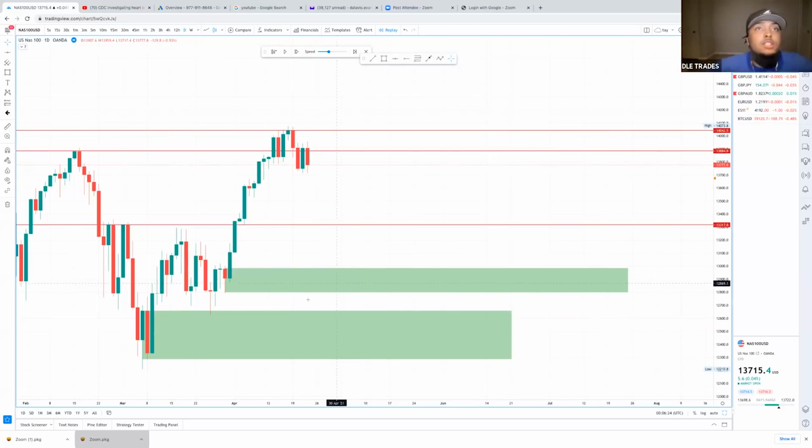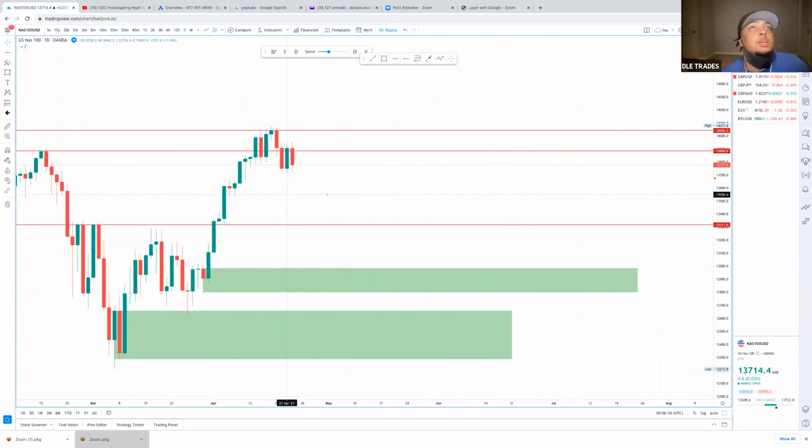At this box that you see on the screen, we have unfilled orders sitting. That means when price falls back into this level, you're going to see some type of reaction because every order didn't get filled, right? So this is going to attract buyers as well and give them a better price to enter the market. It's basically trading with the banks and institutions, right? And you don't want to trade against the banks and institutions. You want to trade with them.